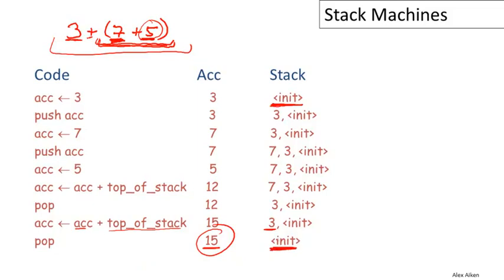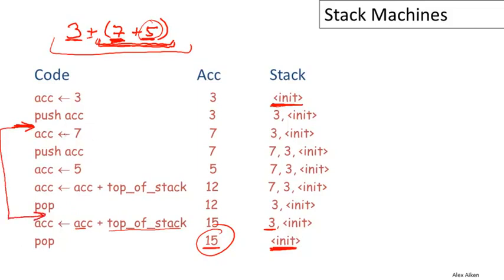Okay, and if you look at the sub-expressions, you can see that the same thing happened. So let's take a look at the evaluation of 7 plus 5. So where did that take place? Well, that started here, at this instruction. And it lasted down to here.